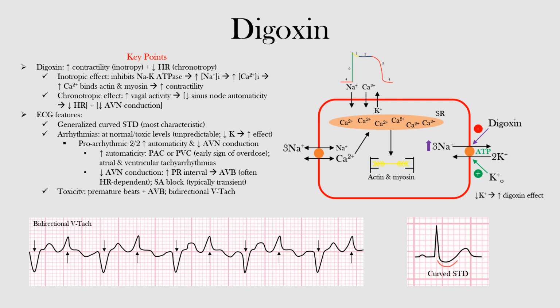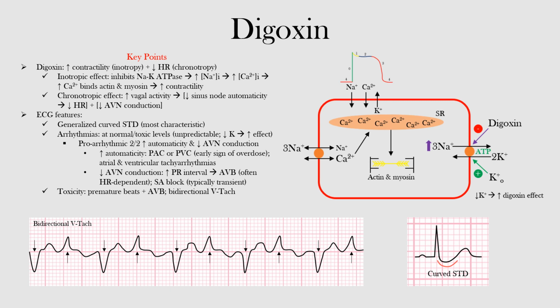So how does digoxin work? Well, it has positive inotropic effects, meaning that it increases ventricular contractility, and it also has negative chronotropic effects, meaning that it slows the heart rate. The inotropic effects come from its ability to inhibit the sodium-potassium ATPase in the ventricular myocardium.